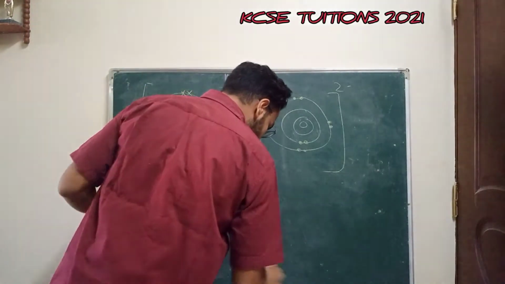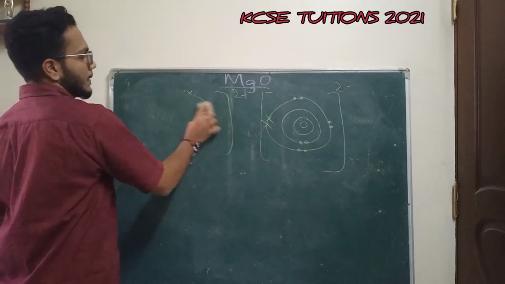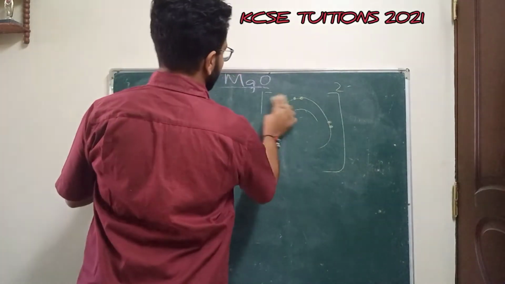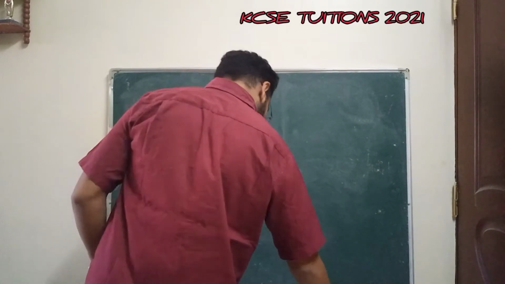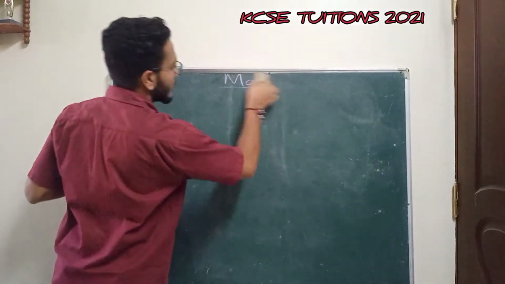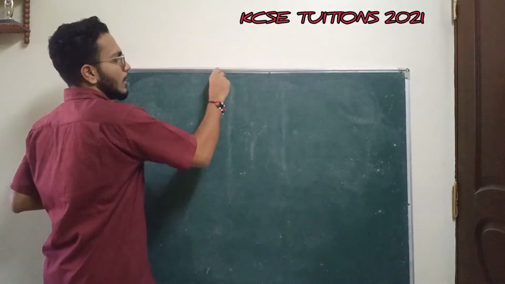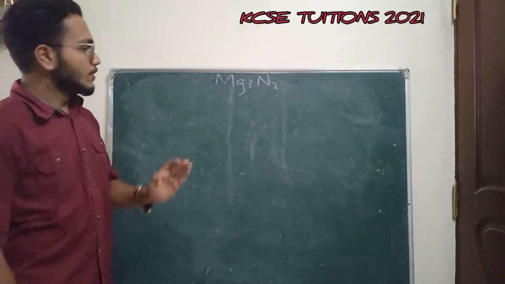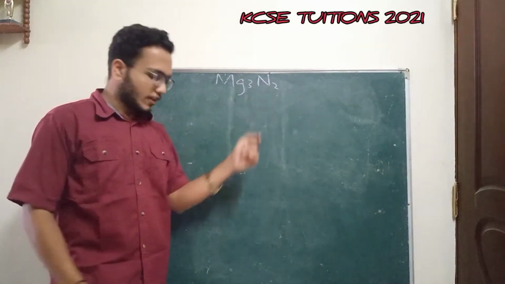Now, a special example of an ionic bond is magnesium nitride. How is magnesium nitride written? Mg3N2. What does this tell you? This tells you that there are 3 atoms of magnesium reacting and there are 2 atoms of nitrogen reacting.